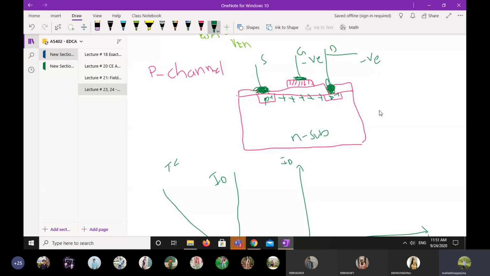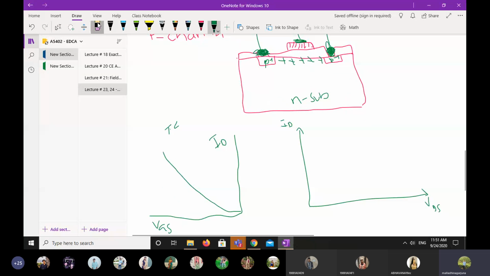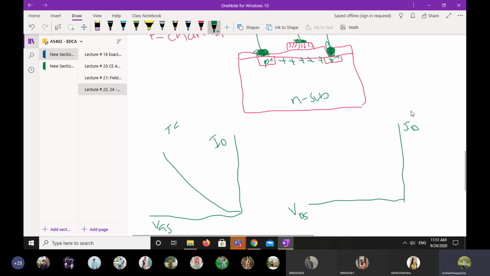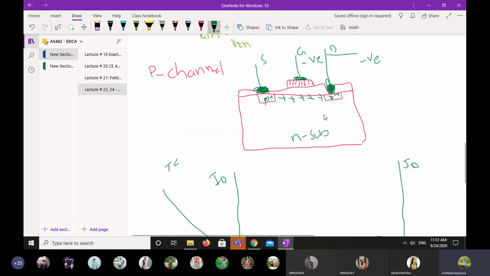Since VGS is negative, we should not go like this. So this is negative VDS and ID. If VGS is decreasing from 0 to -1, -2, -3, -4, the current will increase.